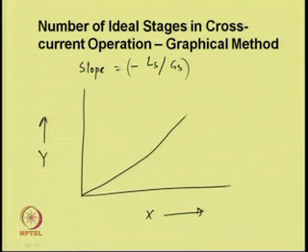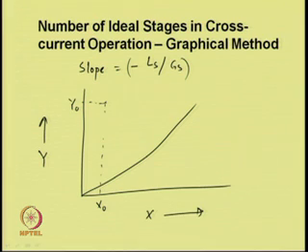Suppose this is your equilibrium line and this is the inlet point, this is x naught and this is y naught.